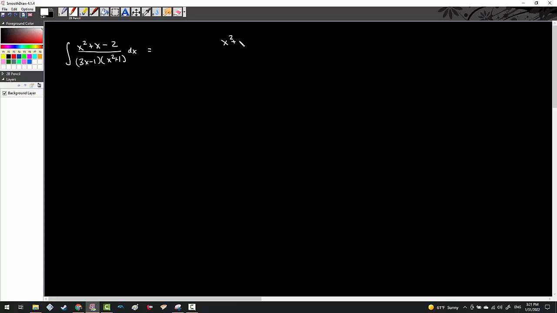So I'm going to go ahead and do x squared plus x minus 2 here, all over 3x minus 1. Again, I'm just going to do this on the side here. And I'm going to say that's going to equal A over, in this case, the order is actually going to matter because these terms are not both linear. So I'm actually going to call this plus something over x squared plus 1.